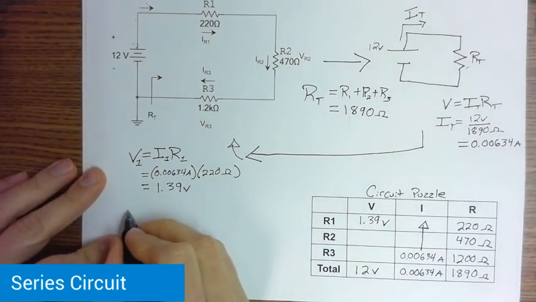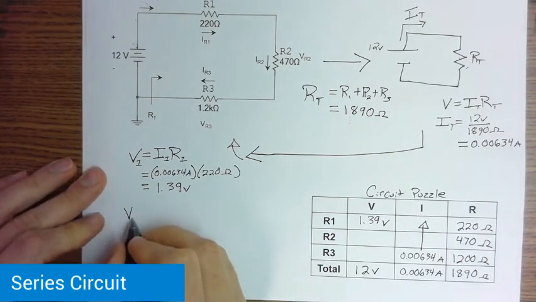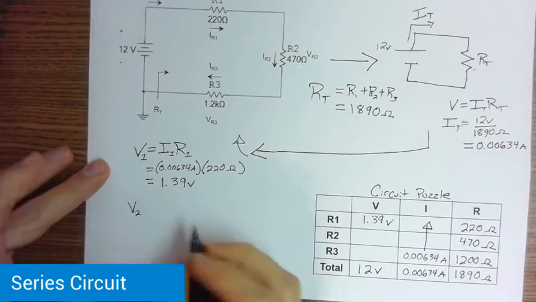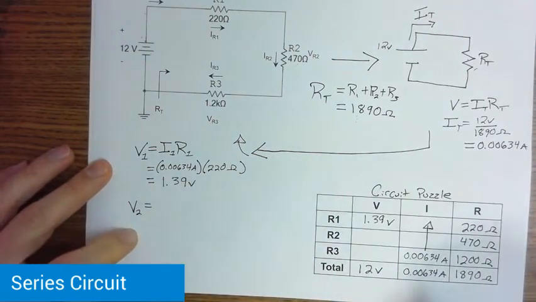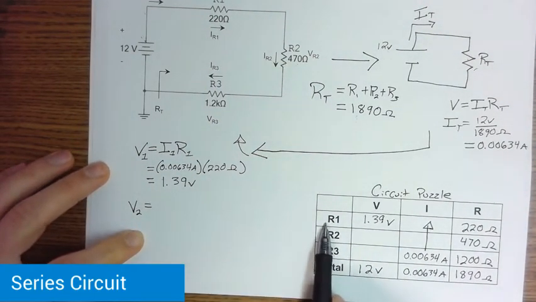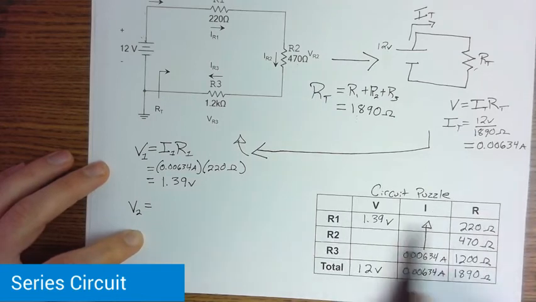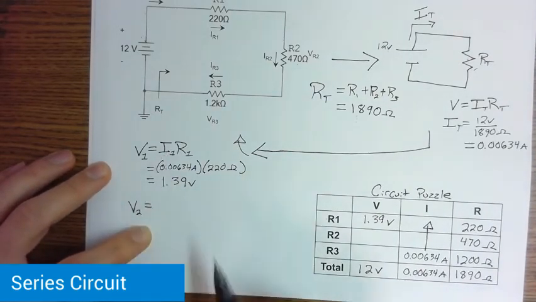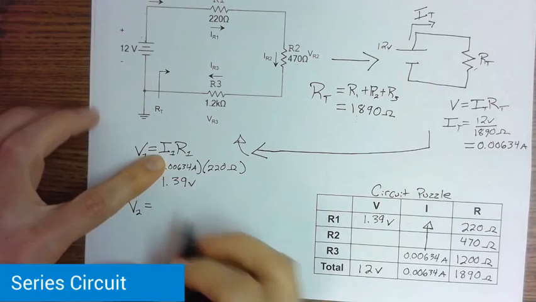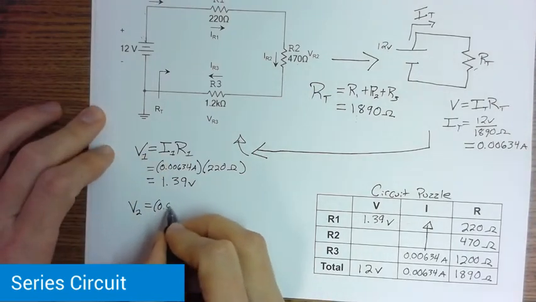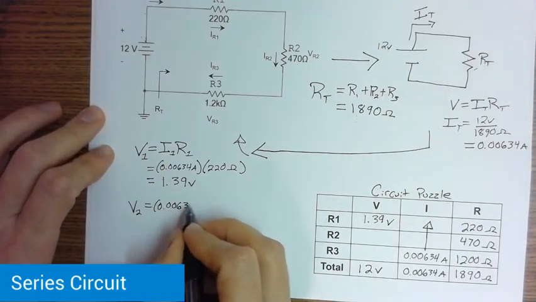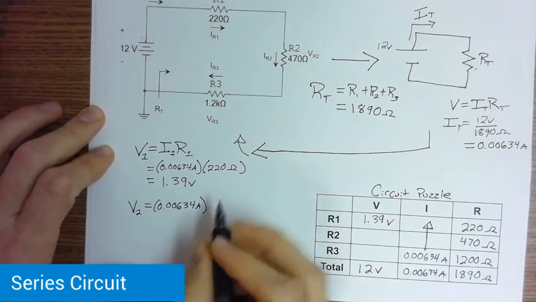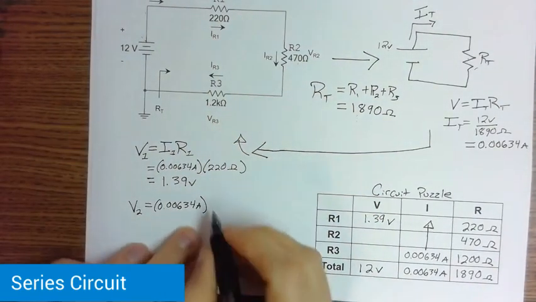We can do the same thing for V2 and V3. But keep in mind that we have to do these for each individual component, and we have to use the numbers that go with each individual component. So we're looking at R1, only those numbers in that row. R2, only those numbers, and same with R3. So the same equation, and our current is the same, so we can go ahead and plug in 0.00634 amps, because all of that current has to come through resistor 2.